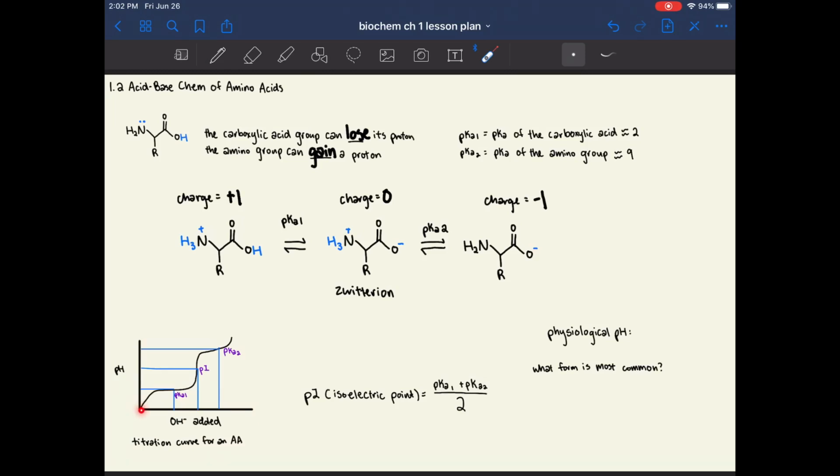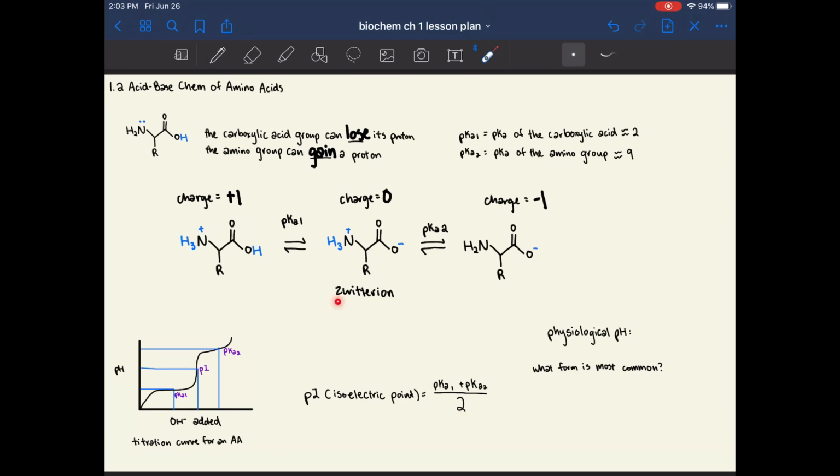If you start at very low pH and you slowly add hydroxide, you'll reach your pK1, which is the pK at which the carboxylic acid tends to deprotonate. And then you'll reach your isoelectric point, and then you'll reach pK2, which is the pK of your amine. So what's really convenient about the pI, or the isoelectric point, is that it lies halfway between pK1 and pK2.